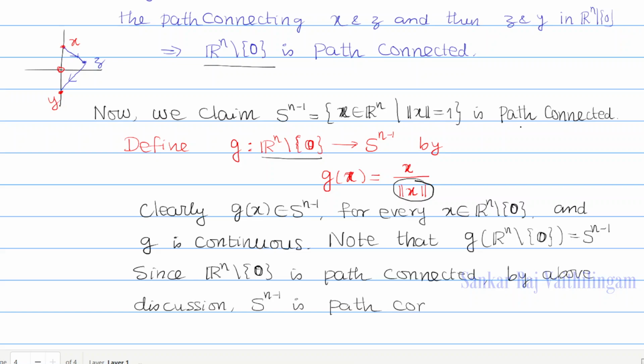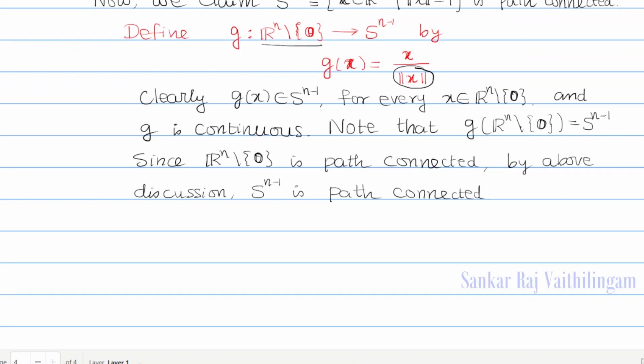And we know that every path connected space is connected, and hence Sn minus 1 is connected. That's it, I'll stop here. Thank you.